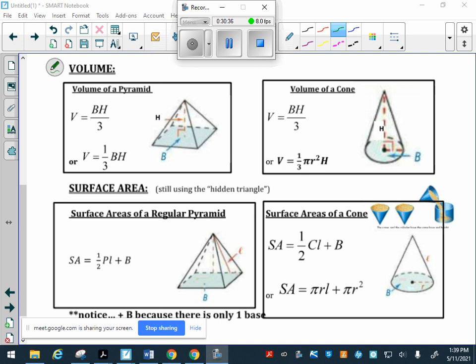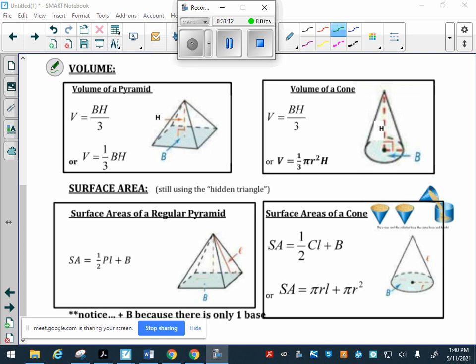Be careful because, if you're doing 1/3 on your calculator, don't just put 0.3. 3/10 is very different than 3/9, right? 1/3 is 3/9. 0.3 is 3/10. It's different. So if you're doing 1/3 on your calculator, push 0.3333333, as many threes as you can fit, in order to get a more accurate answer. Okay? Or, like I said, you can do base times height, and then at the end divide by 3, and that will give you the same thing. Okay?